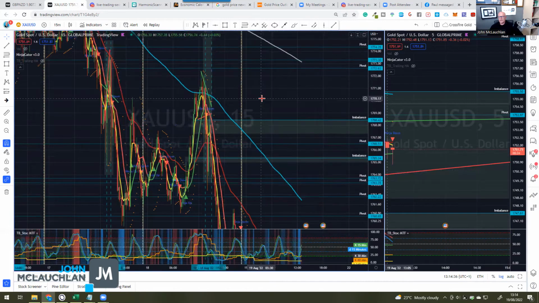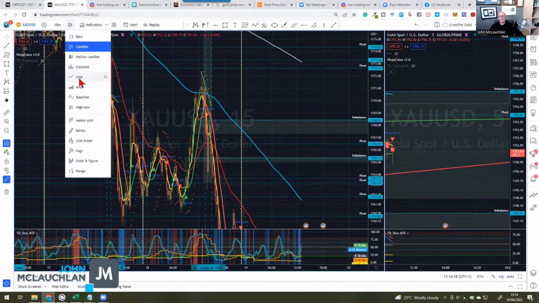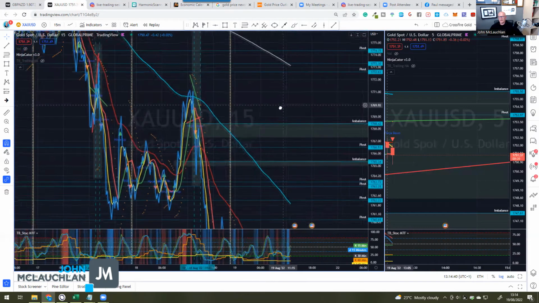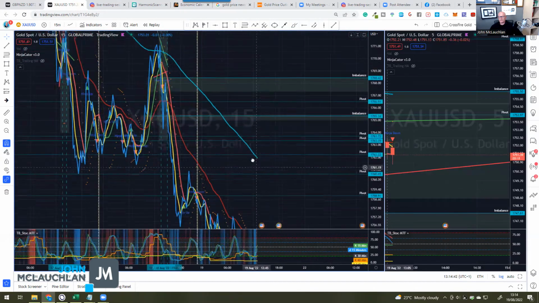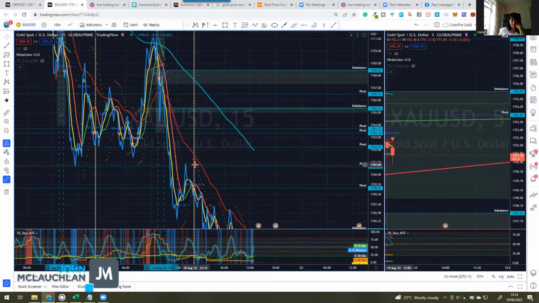So if you look at this one here, essentially I just change it to the line, and where there's a peak, I'll see if there's a trough there, and a peak here. So I've put it there, and then I see where price has respected that line, and if price respects it, then I'm confident that that's in the right area.